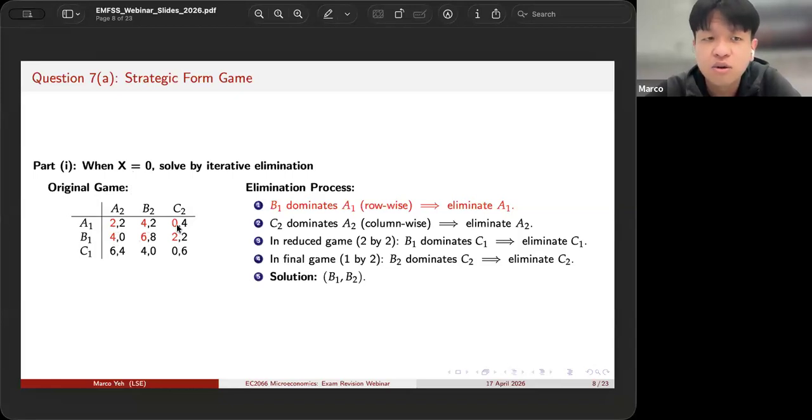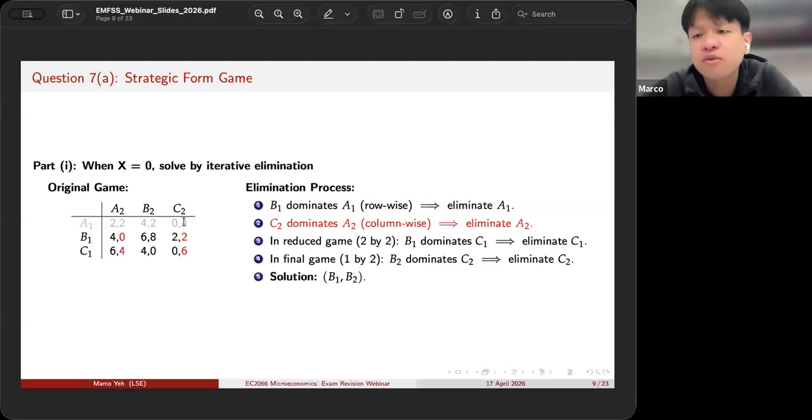So if I'm a rational player, I won't consider A1 at all because B1's payoff structure strictly dominates the one from playing A1. So I eliminate A1, from the perspective of player 1.